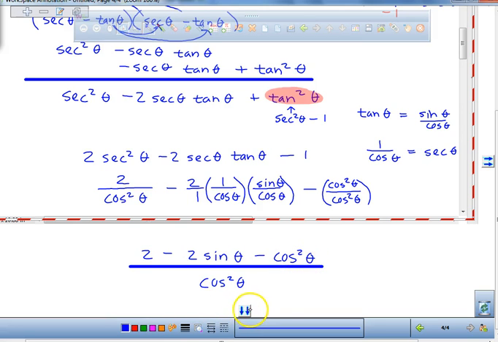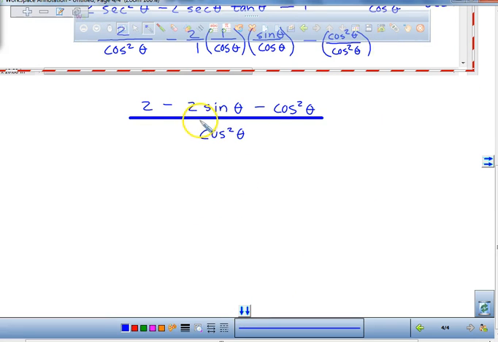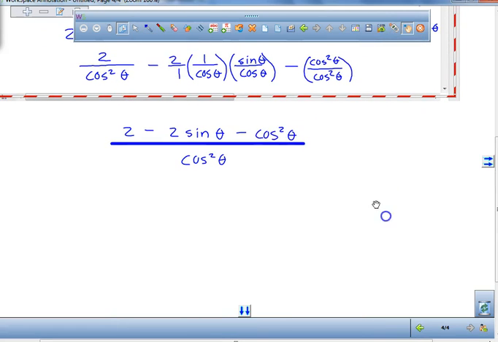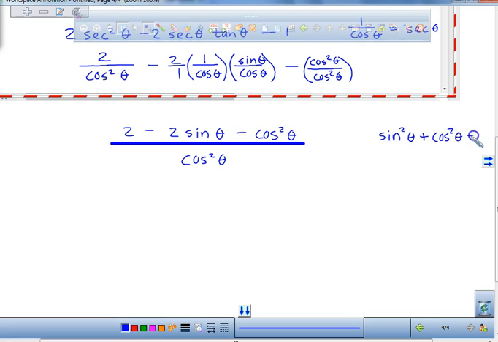Okay, so by the way, everybody, this is what I want to see on your paper, because we are almost done. We're so ridiculously close, it's crazy. So here we go. Now this is what I want you guys to write down. Write down sine squared of theta plus cosine squared of theta equals the number 1.